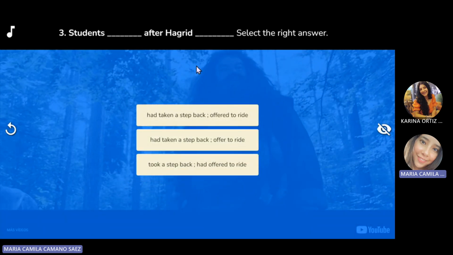Okay, students, after Hagrid, what do you think? The second. The students had taken a step back, offered to write. Okay.